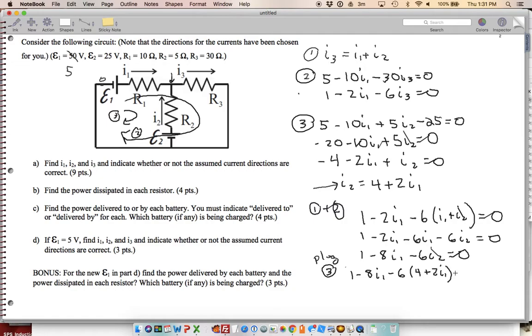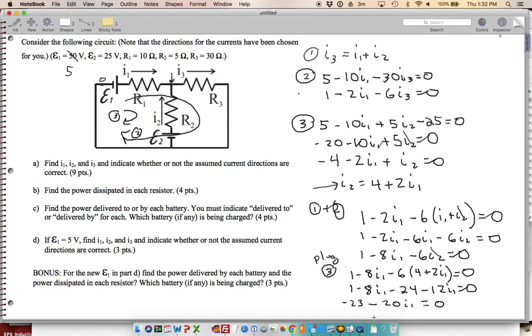Now I'll have just this equation in terms of I1 and I can solve for it. So I'm going to have 1 minus 8 I1 minus 24 minus 12 I1 equals 0. So that gives us 1 minus 24 is minus 23. And minus 8 minus 12 gives us minus 20 I1 equals 0.